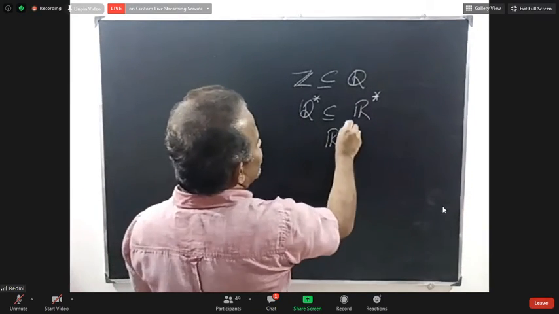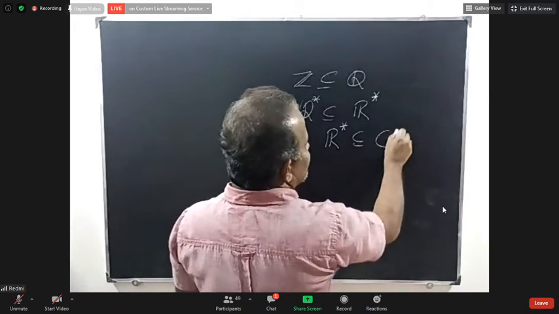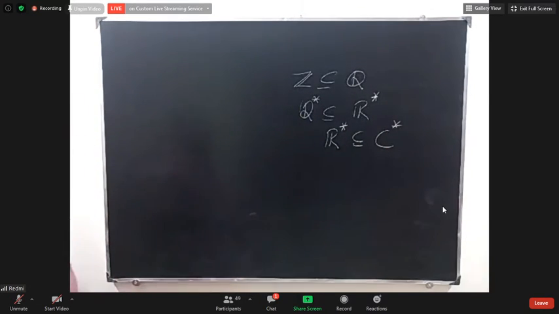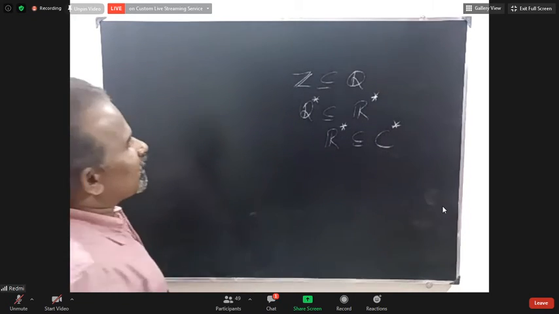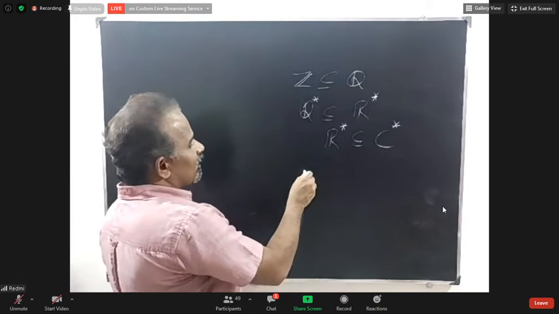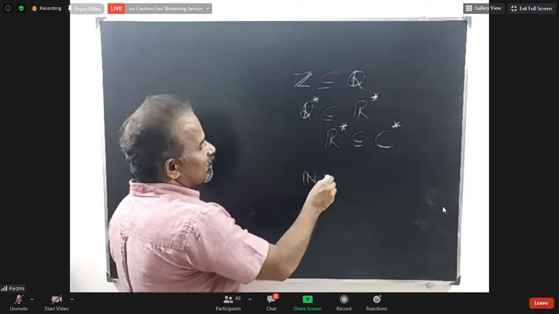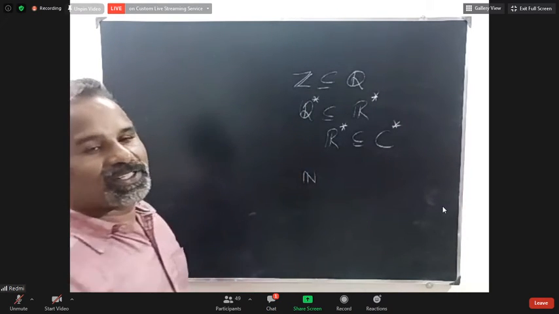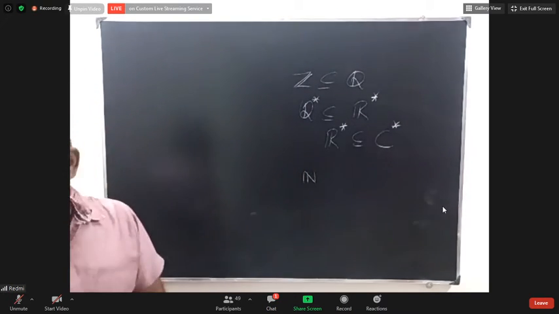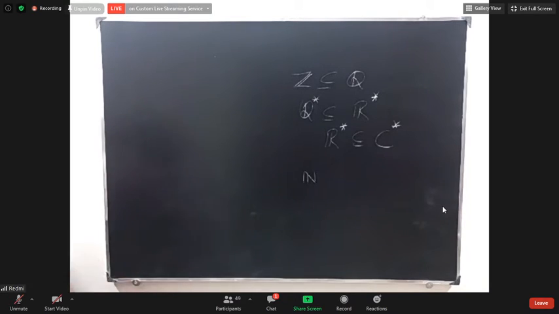R star is also a subgroup of C star. Here N is not a subgroup of Z. So these are some concepts.